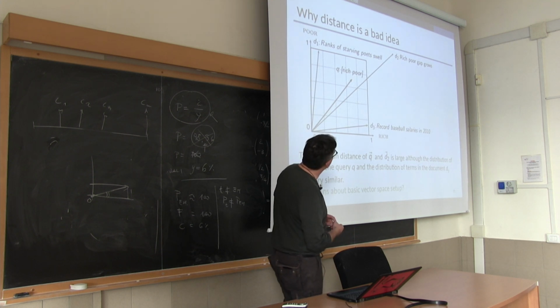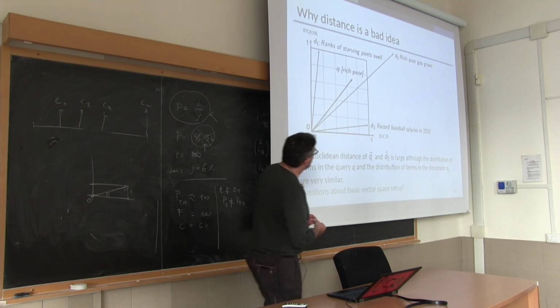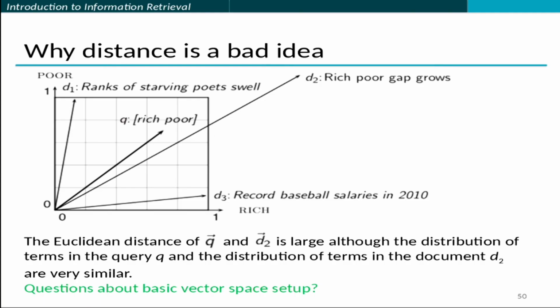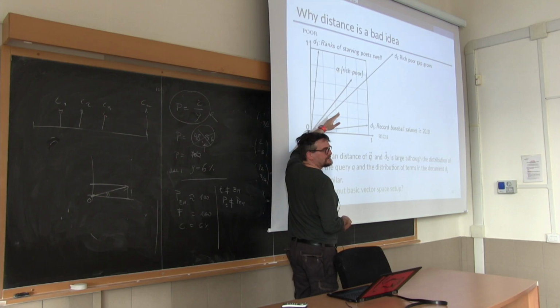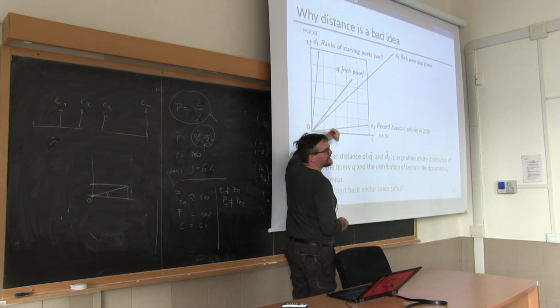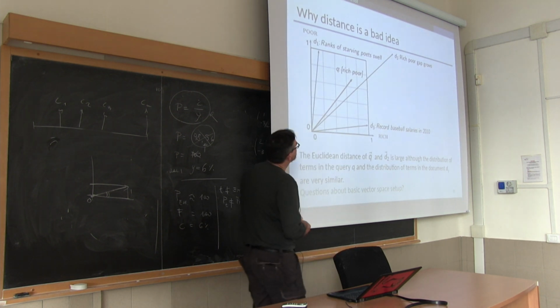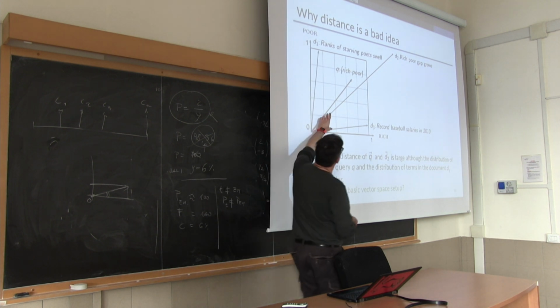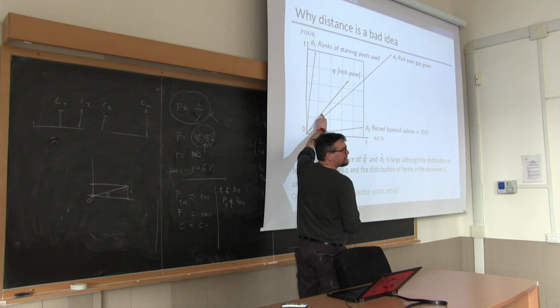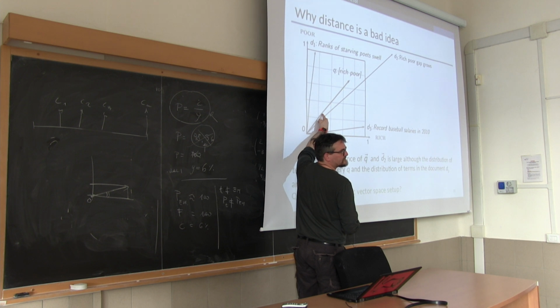This is a picture in which you can represent all the documents with respect to two terms, rich and poor. Here you have the query, which is rich and poor, and thus it's at 45 degrees in this particular picture. And so you can see the distance between two documents simply by computing the angle or the cosine similarity.